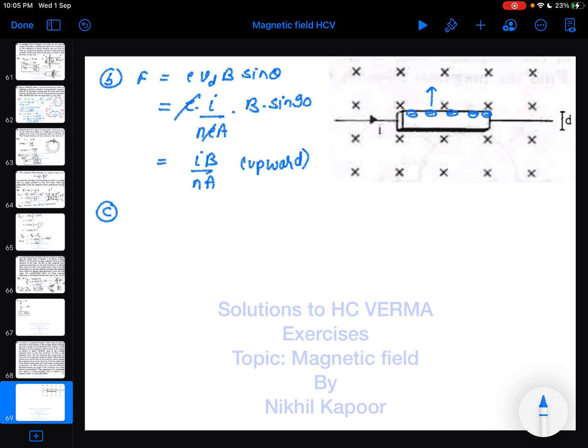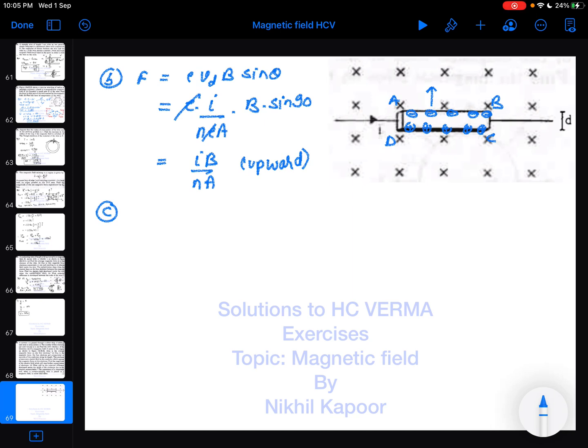So definitely on the upper surface of the strip, or on this surface AB of the strip, there is excess of electrons. So on this part CD there will be deficiency of electrons, so there will be positive charge, and definitely the electric field or potential difference will get set up here.